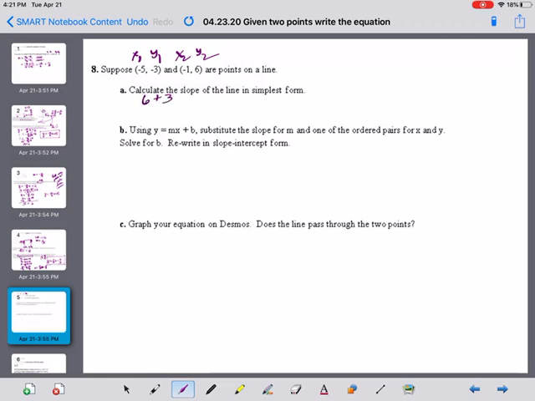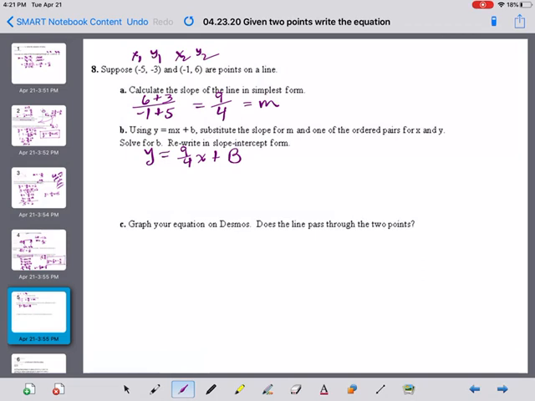So then we have 6 minus -3, which is 6 plus 3, over -1 minus -5. So plus 5. So that's 9 over 4 equals m. Now, substitute that in for the m. So we know the slope part, so it's a partial equation.